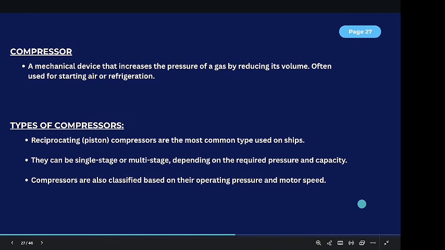It is often used for starting air or refrigeration. These are primarily used for starting the main and auxiliary engines, but also power other systems and tools.